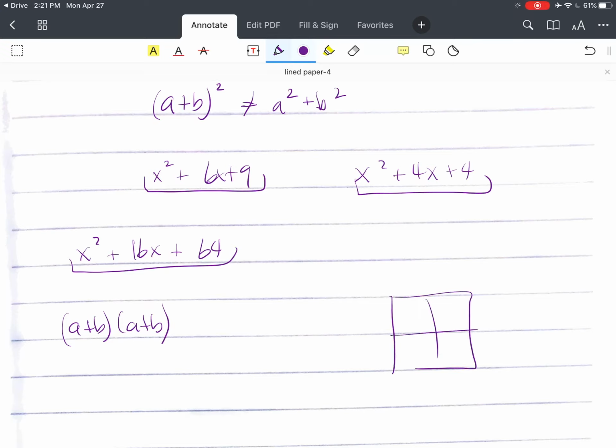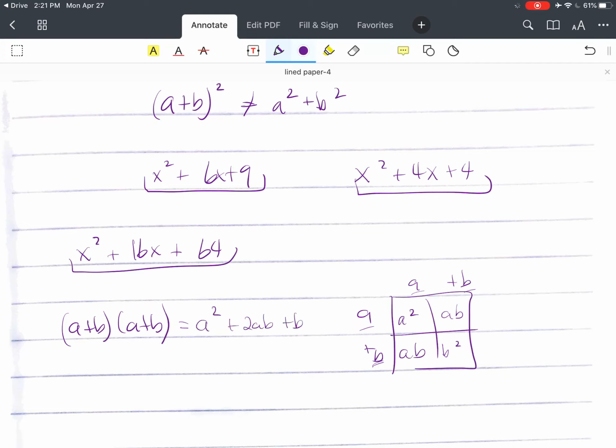A plus b times a plus b. If we were to use a box to multiply these, we put a plus b, a plus b. A times a is a squared. A times b is ab. B times a is ab. And then b times b is b squared.